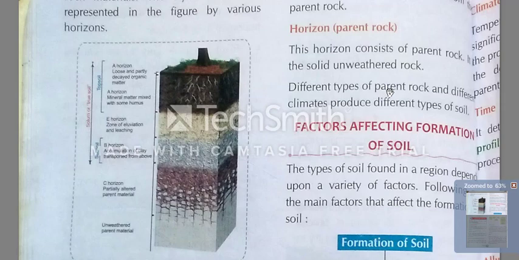So what is the reason behind their color, their texture, their nature? The reason behind this is the climate and the parent rock. Because different types of parent rock and different climates produce different types of soil.